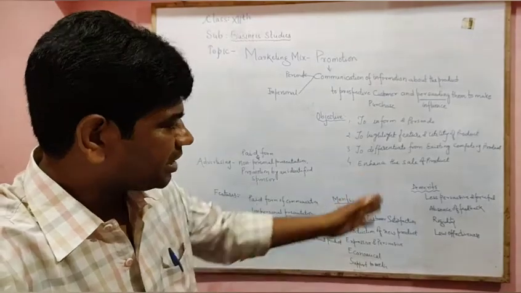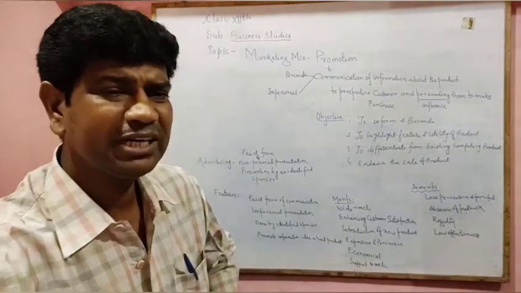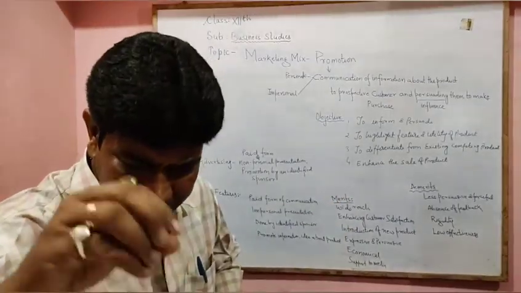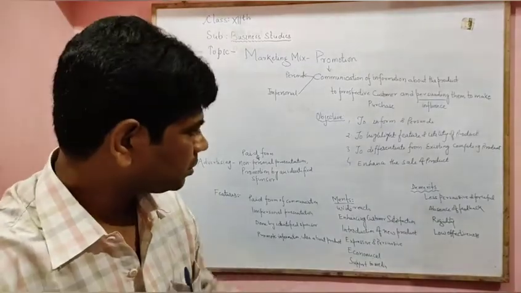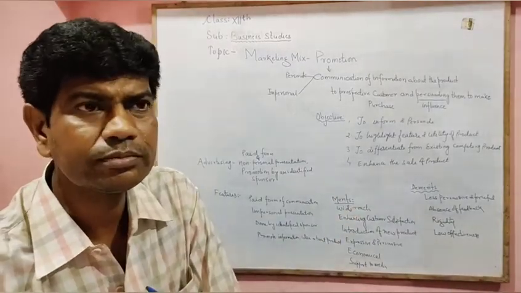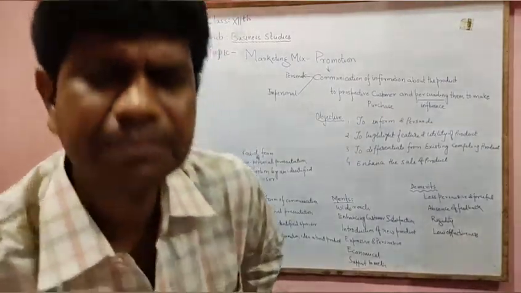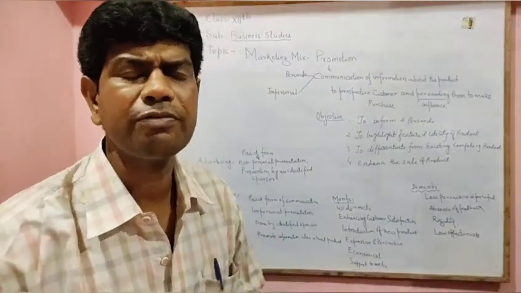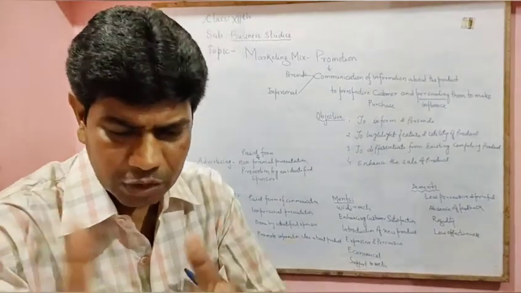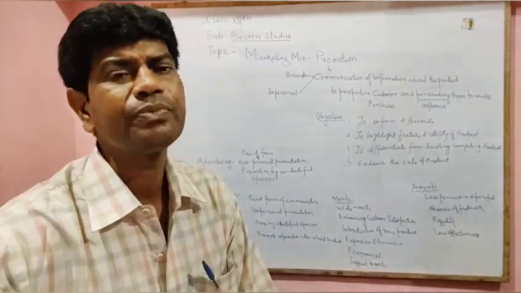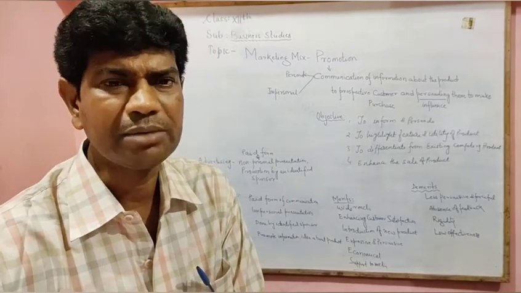Now let us see the demerits. The demerit is that it is less persuasive, or we can say less forceful. Less persuasive in the sense that since it is a non-personal form of communication, there is no direct contact between the advertiser and the customer.